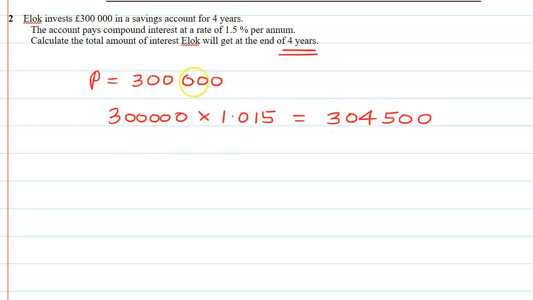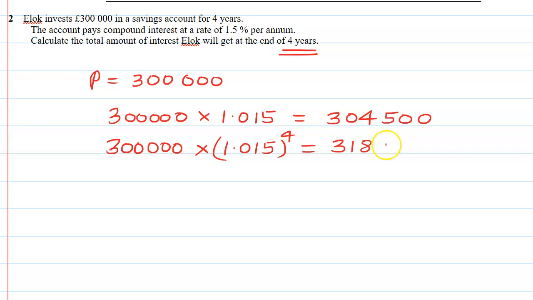Now because it is 4 years, and this is for 1 year, for 4 years it will be 300,000 times 1.015 to the power 4. Once we put this value in a calculator, it comes to 318,409.07.